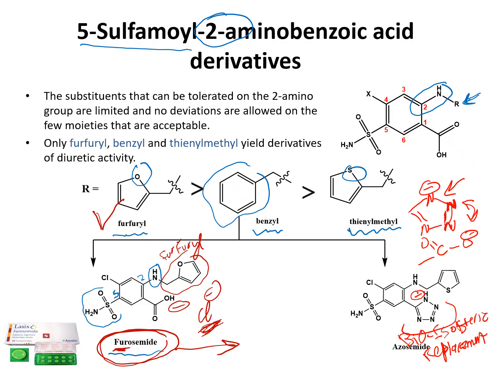Okay? So this is your carboxylic acid in the compound azosemide. Azosemide is very unique because it has tetrazole in its structure. This tetrazole allows the structure to also have a better half-life in general.